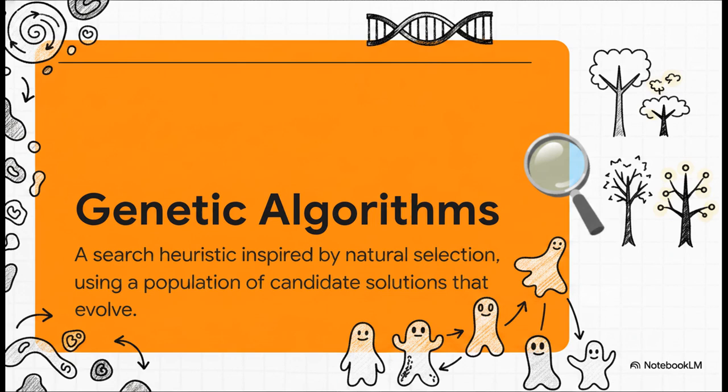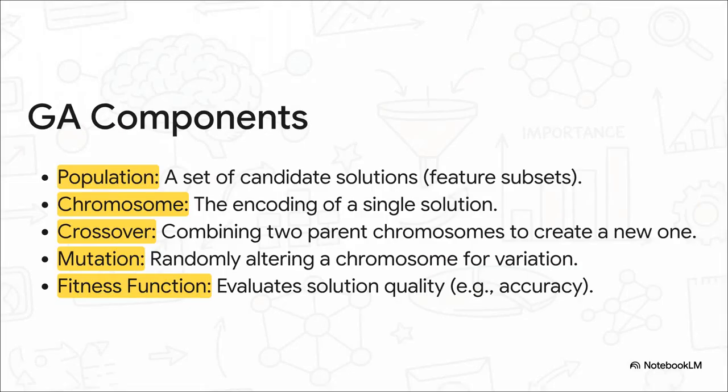Genetic algorithms are a really fascinating way to tackle this search problem. Instead of just working with one feature set at a time, they manage an entire population of potential solutions. And then these solutions evolve over many, many generations, constantly improving to find the best possible answer. And the way they work is brilliant because it really does mimic evolution.